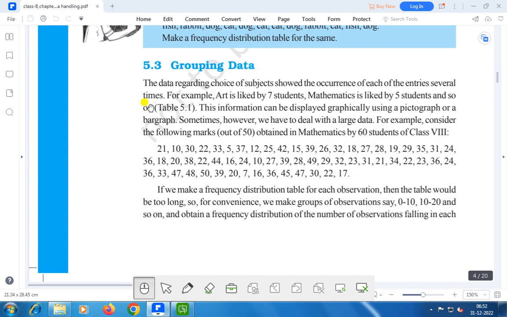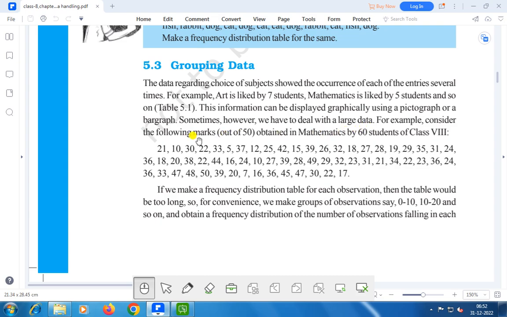Grouping data. The data regarding choices of subjects showed the occurrence of each of the entries several times. For example, art is liked by 7 students, mathematics is liked by 5 students, and so on. This information can be displayed graphically using a pictograph or a bar graph. Sometimes, however, we have to deal with large data.